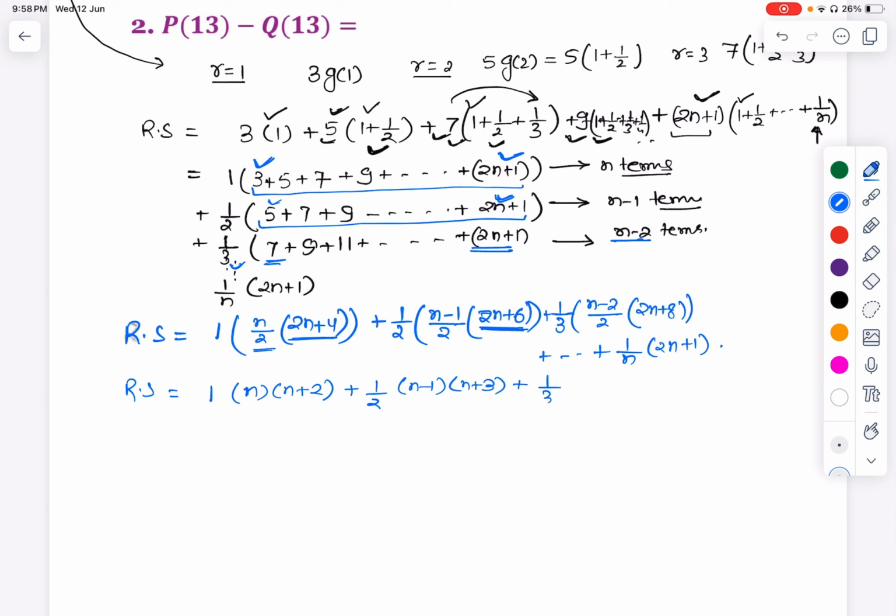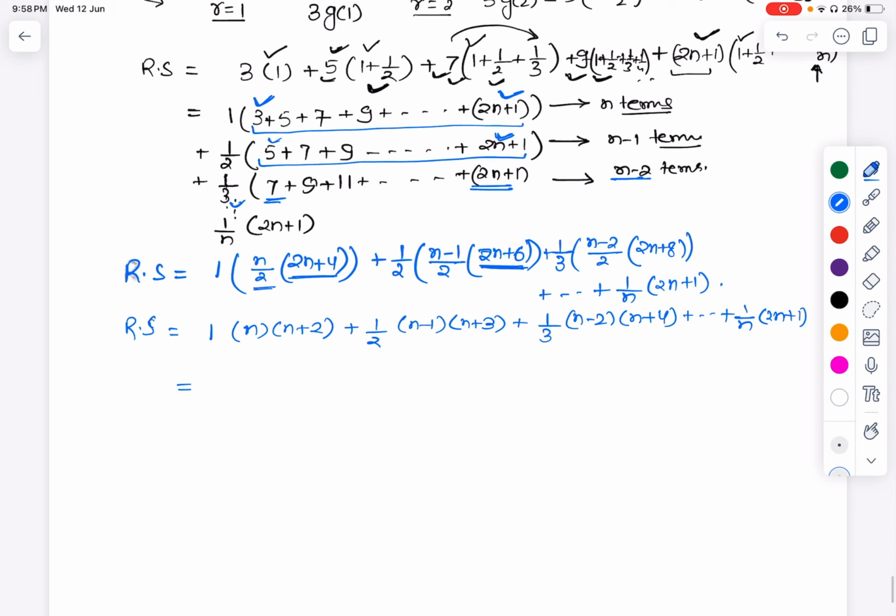Now this will be 1 by 3 (n minus 2) into (n plus 4), and up to 1 by n into (2n plus 1). So the general term we can write as 1 by r, into (n minus r plus 1) into (n plus r plus 1).